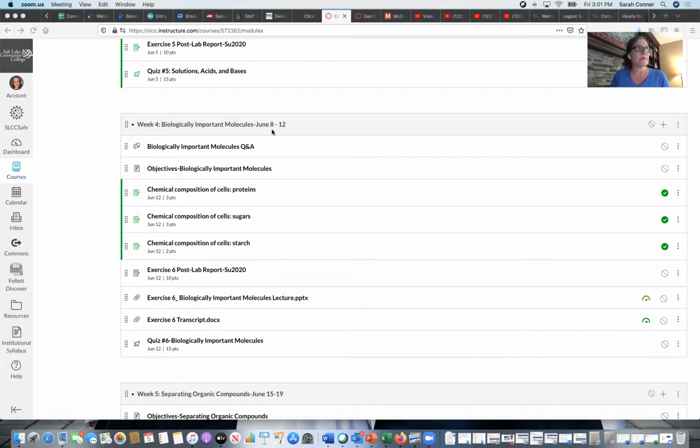This week we do have McGraw-Hill labs. There are 3 of them. As you can see, they're highlighted here for you. This is your question and answer piece where you can go in and kind of bond with other people in the lab. These are the objectives that you're going to be meeting this week and what you're doing, your assignments. As always, a post-lab.